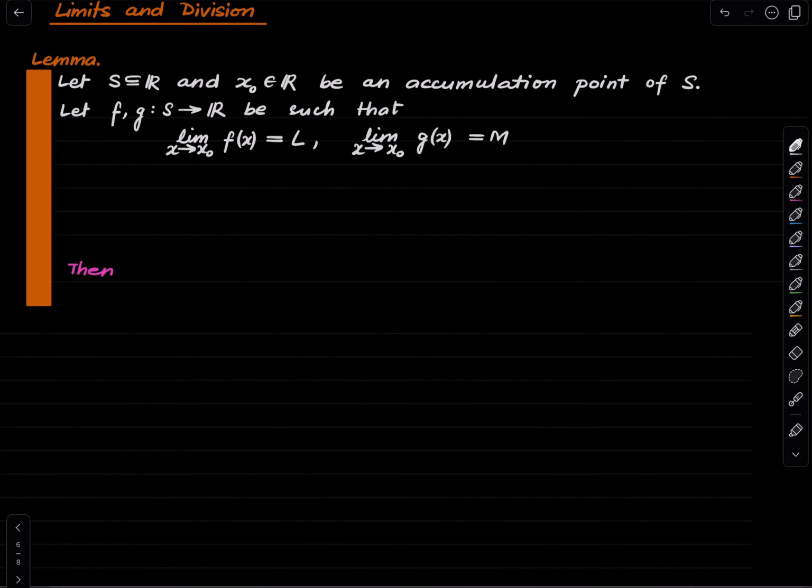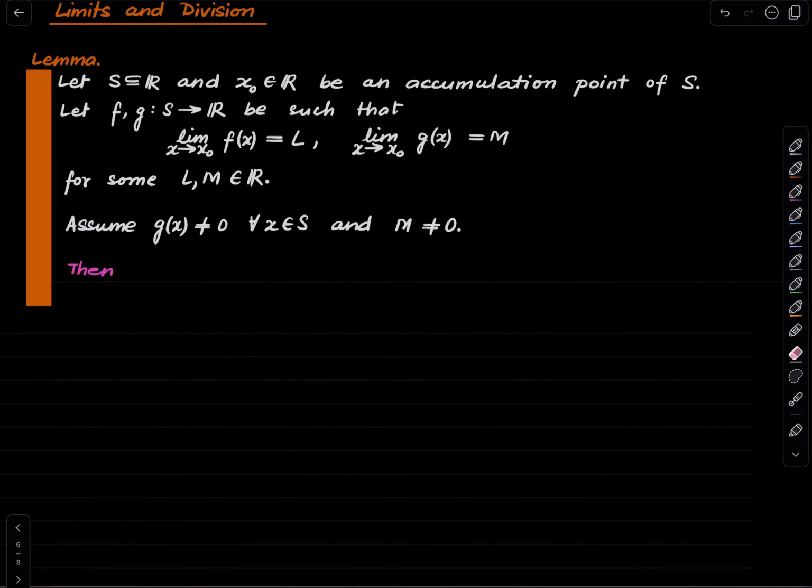And assume g(x) doesn't vanish. So what are the assumptions? g(x) is never 0 for any x in the domain, and the limit m is also non-zero. Then the limit of the ratio exists and is equal to L upon m.